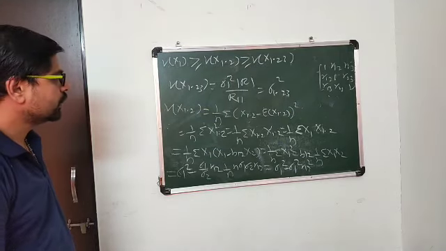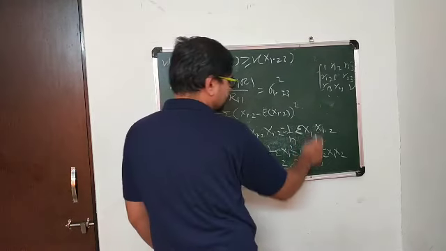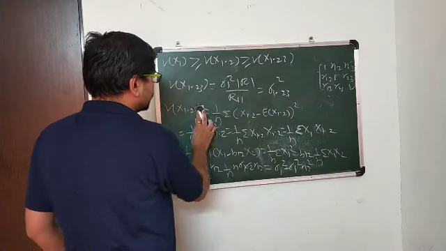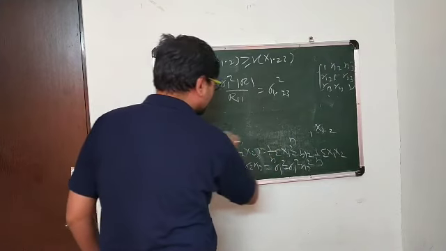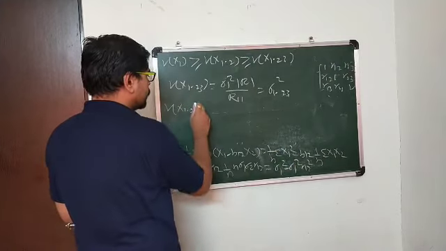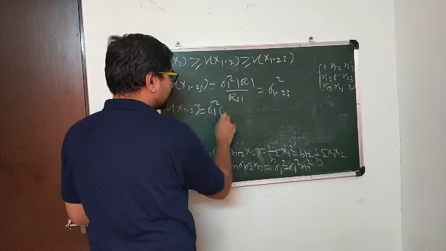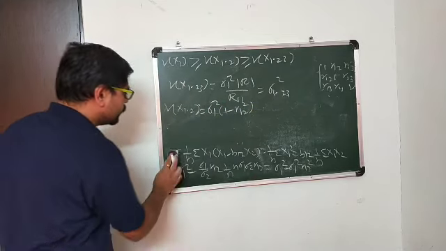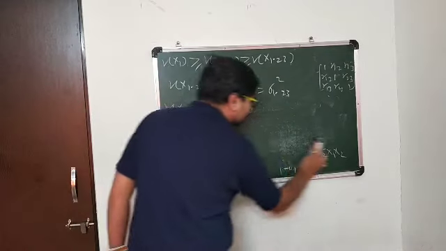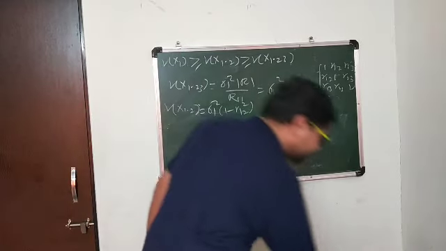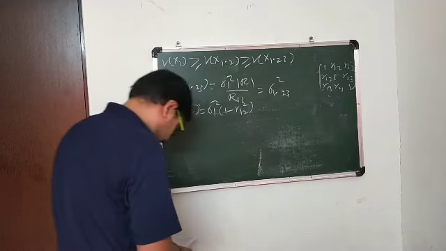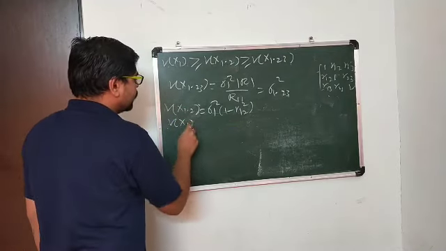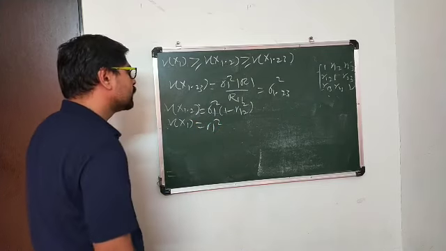So we have the variance of x1.2 equal to sigma 1 square into 1 minus r12 square. And the variance of x1 is sigma 1 square.